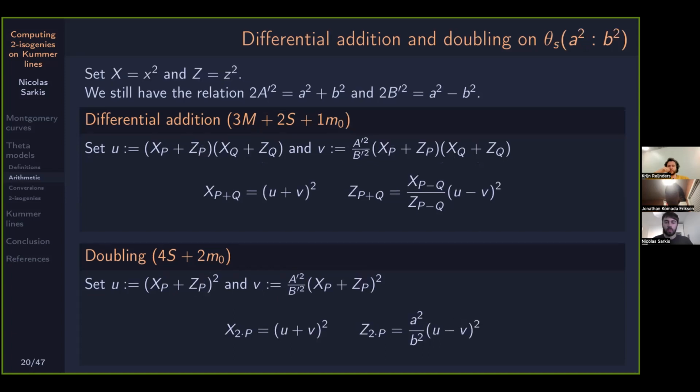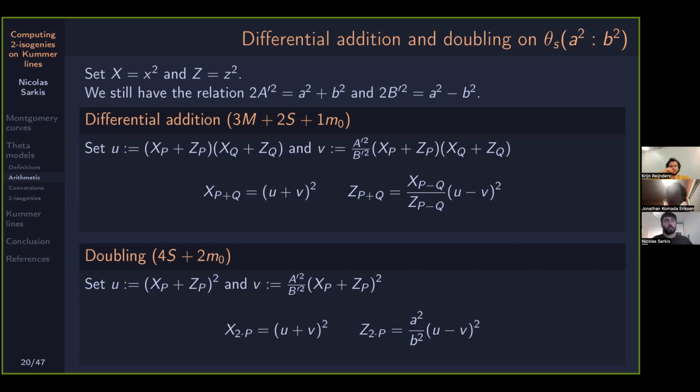So that's what I did here. If you call big X the square of the x coordinate and big Z the square of the z coordinate, you get formulas that only use 2 squares instead of 4 squares. So that's a bit better for differential addition, and you don't improve doubling, but you still improve differential addition.